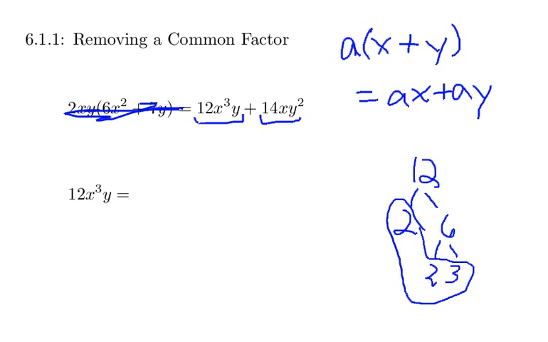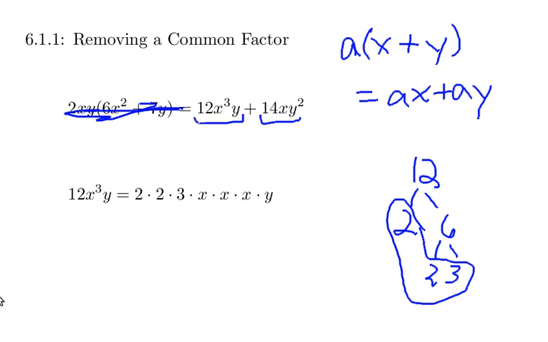That means this 12 can be written as 2, 2, 3. And then we also have this x cubed. We have 3 x's here, and then there's still the y. So all I did here was expand this into as many factors as I could. The x cubed is pretty simple. We just write x, x, and x. And then the y, there's only one y. This is really the only tricky part: you take this 12 and you write it as its prime factors.